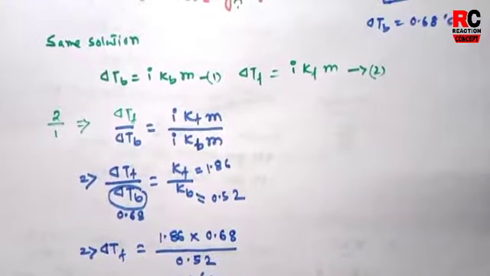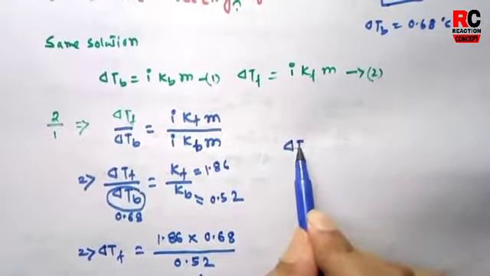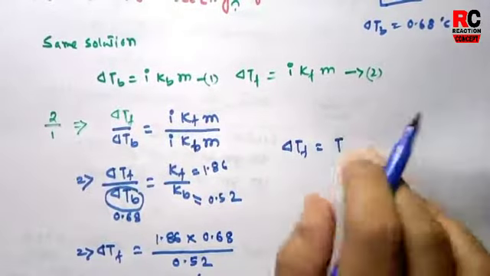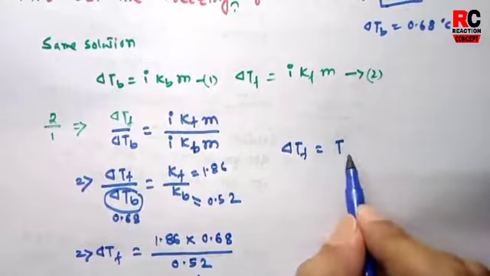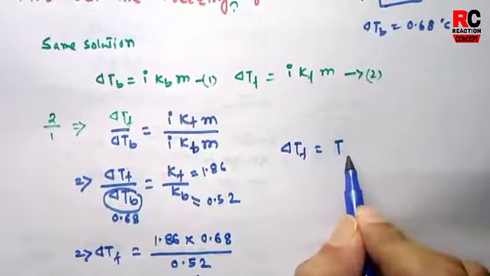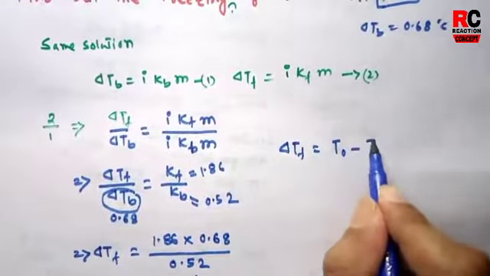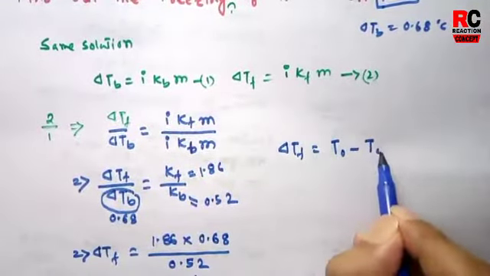Again, we know that ΔTf is given by the freezing point of the solvent minus the freezing point of the solution.